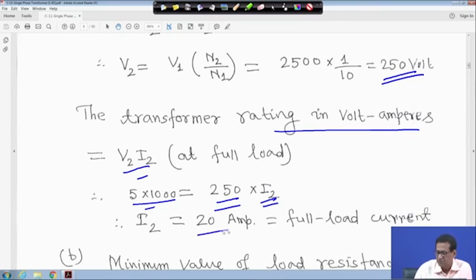The kVA is given in the problem as 5 kVA, that means 5000 volt ampere is equal to the voltage of 250 volt and the current you have to determine. If you solve, you will get I2 is equal to 20 ampere, the full load current.